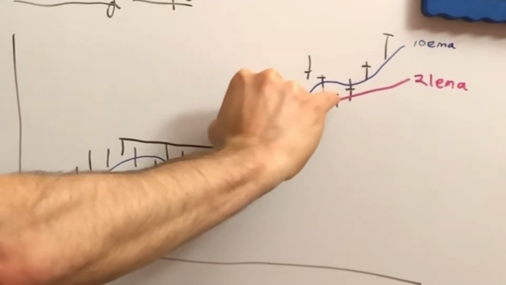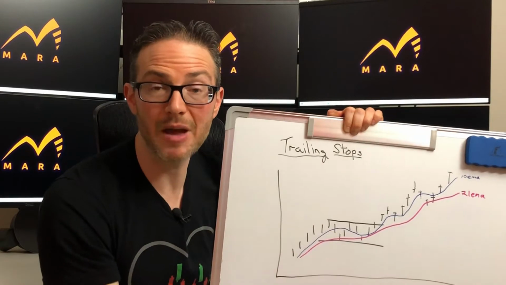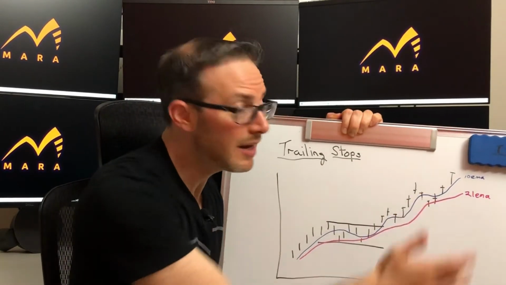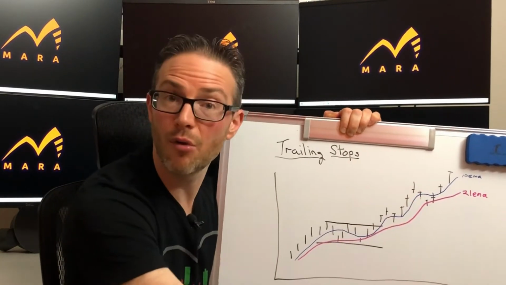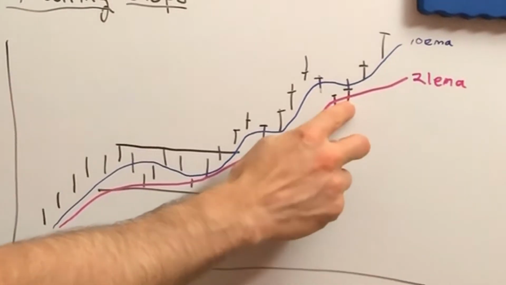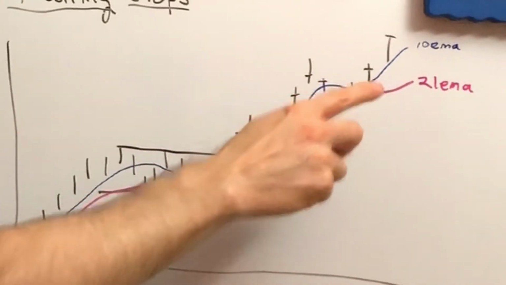On that day, it closed below the 10 EMA, so I would be selling a portion of my position on that day. I would also be using the 21 EMA on this particular trade, but look over there, it closed above that moving average. On this day, right, closed above the 21 EMA again, closed below the 10 EMA again.